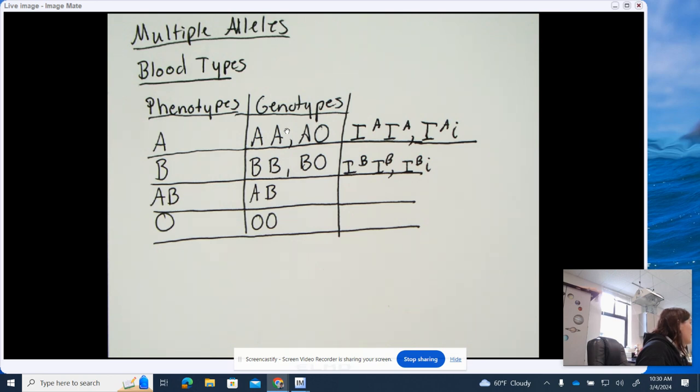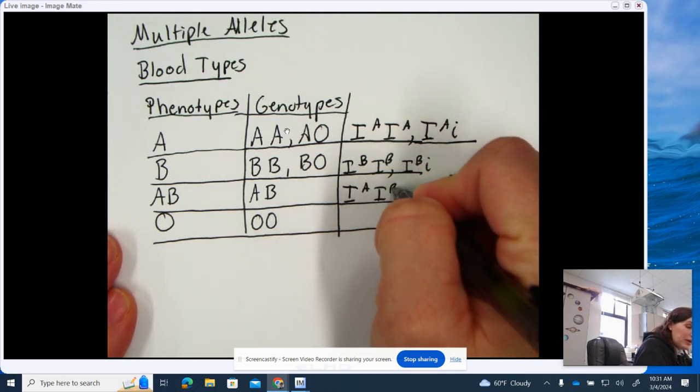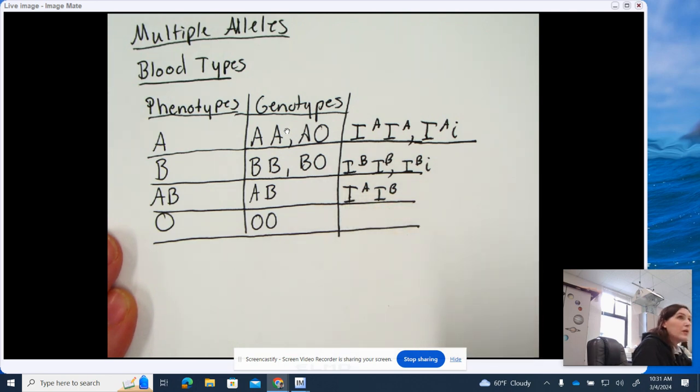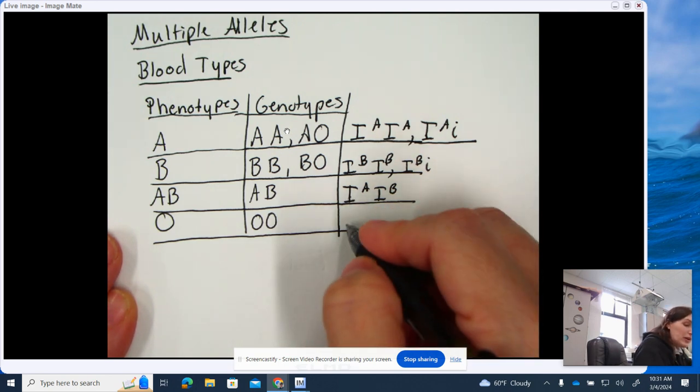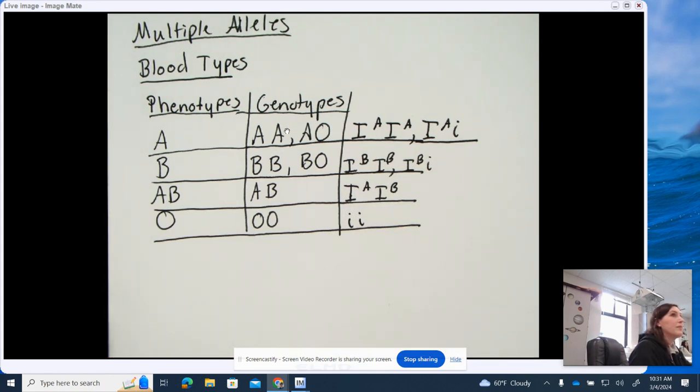It's going to have a capital I, capital IA, capital IB, or the last one is going to be little i, little i. Okay? So that's not really hard to be able to figure those out.